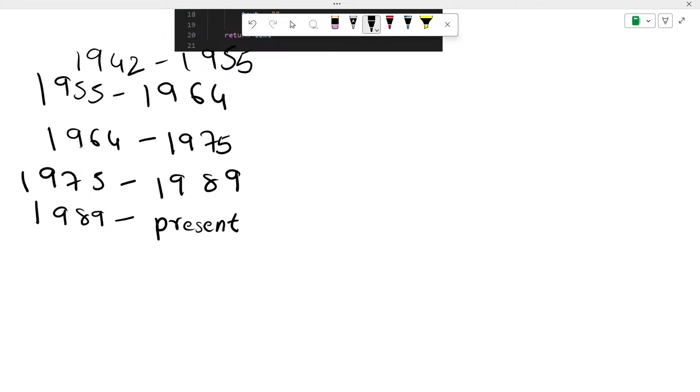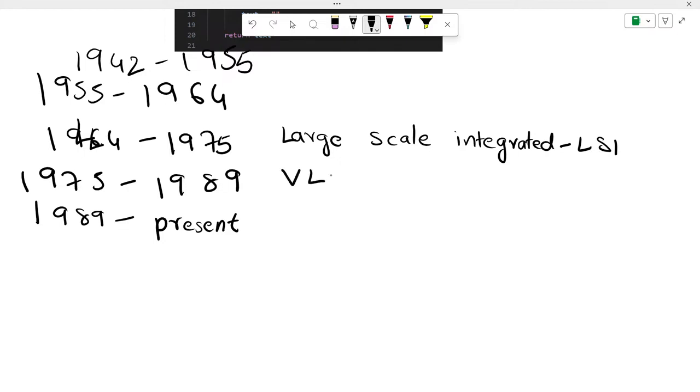LSI is nothing but large scale integrated circuits. In the same generation, there was also a new technology called VLSI. People from the EC branch might know about this.